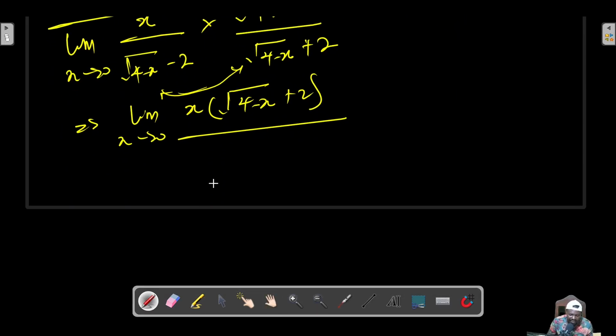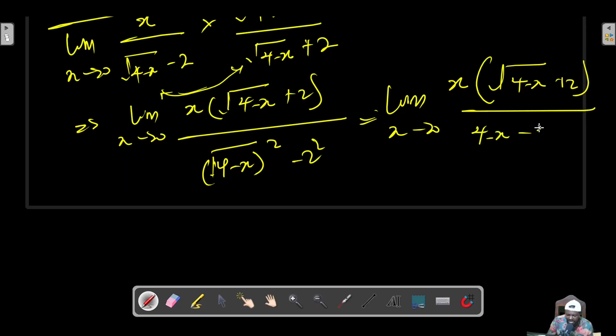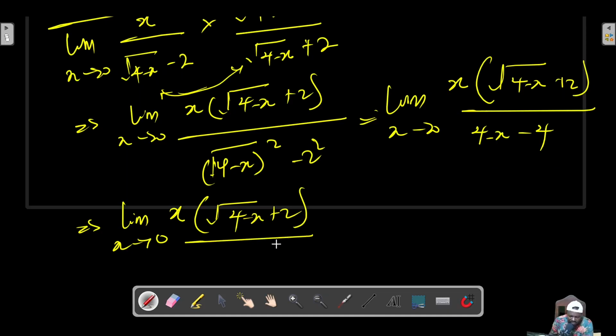Then I can write this as the limit as x approaches 0 of x multiplying root of 4 minus x plus 2 in parentheses, divided by the difference of two squares: the root of 4 minus x all squared, minus 2 squared. So I have the limit of x times root of 4 minus x plus 2 divided by 4 minus x minus 4, which is negative x.